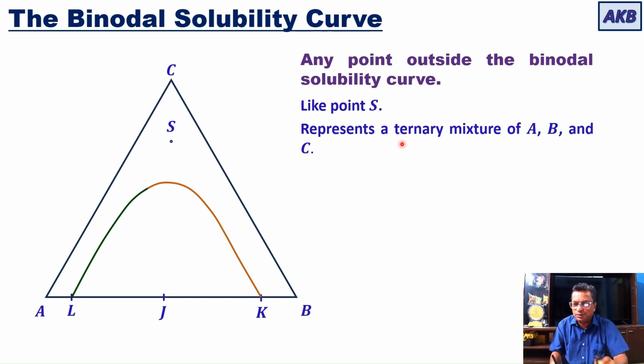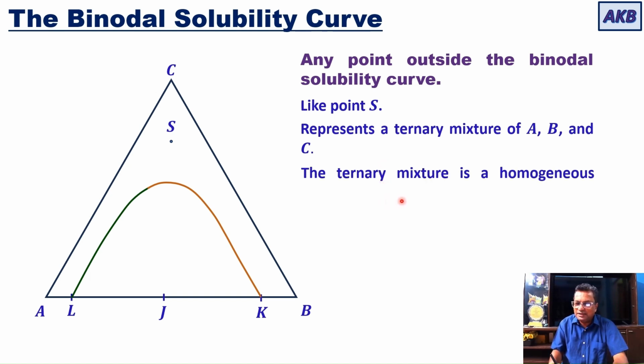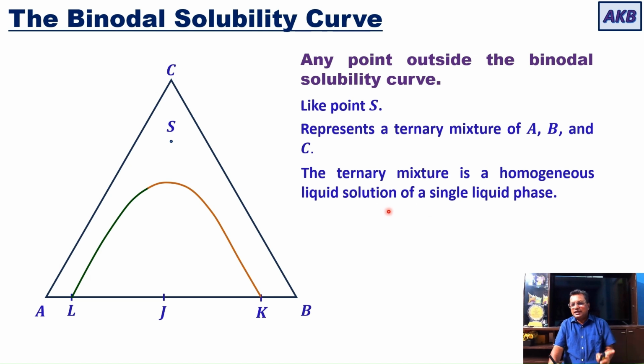Ternary mixture, that is mixture of three components. Which are these three components? A, B and C. Point outside the curve will represent a ternary mixture of A, B and C, and the ternary mixture will be a homogeneous liquid solution of single liquid phase. There will be only one liquid phase.